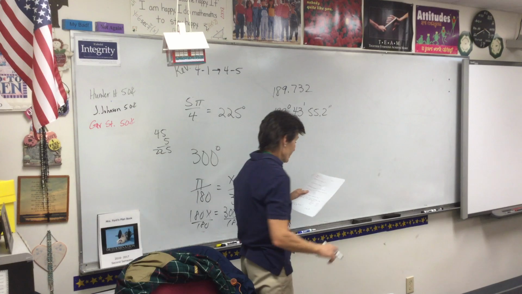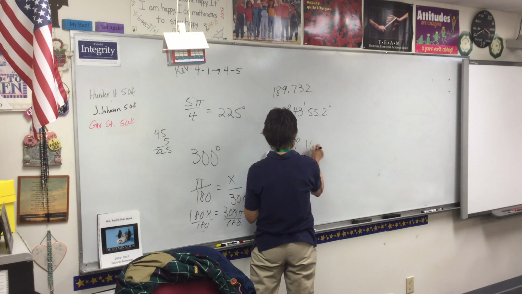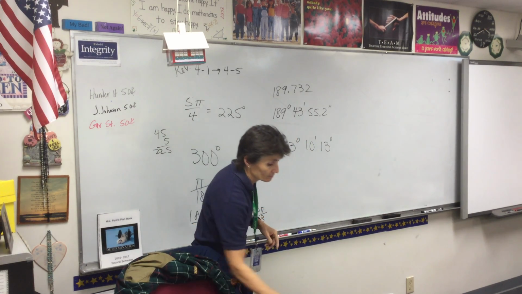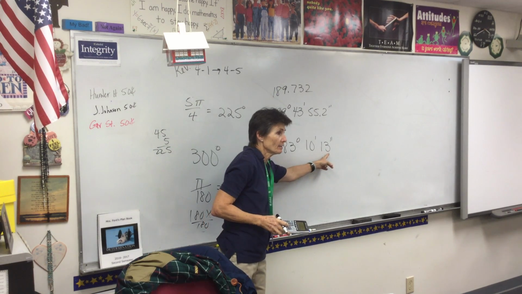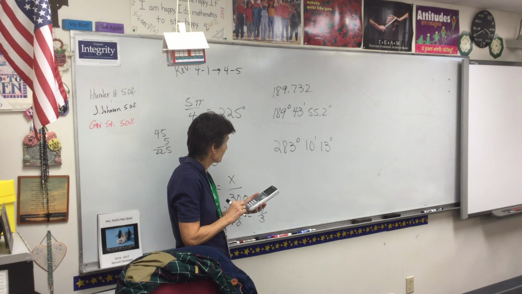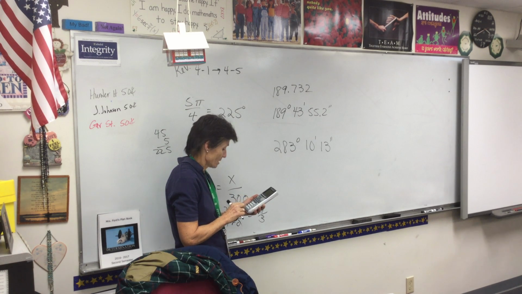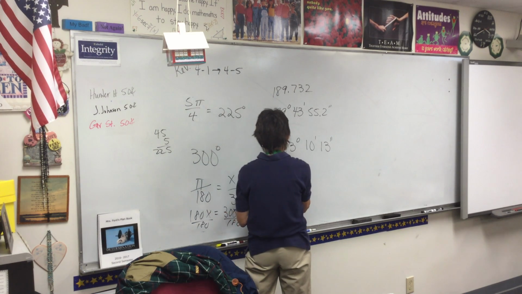It was horrible. Convert to decimal degrees, 283 degrees, 10 minutes, 13 seconds. Can you put this into your calculator? All right, do it. So 283 second apps degrees, 10 second apps minutes, 13 alpha plus, and then hit enter, and it comes up as a decimal.